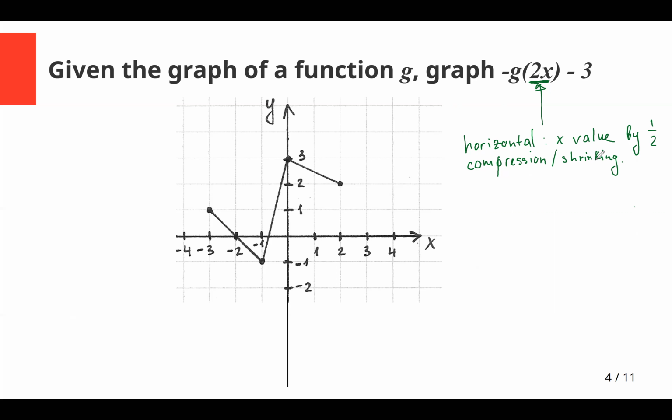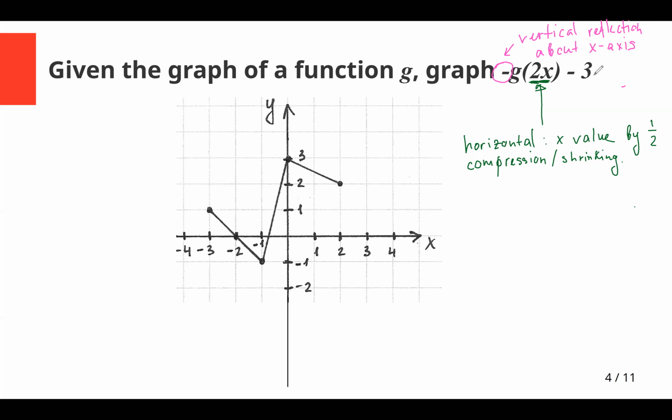Now over here, this is a reflection, but it's a vertical reflection about the x-axis. And I'll tell you how I know. For example, just imagine we got the 3 here. You multiply it by -1, so it goes down. It's reflected about the x-axis, because every y value will be multiplied by -1.